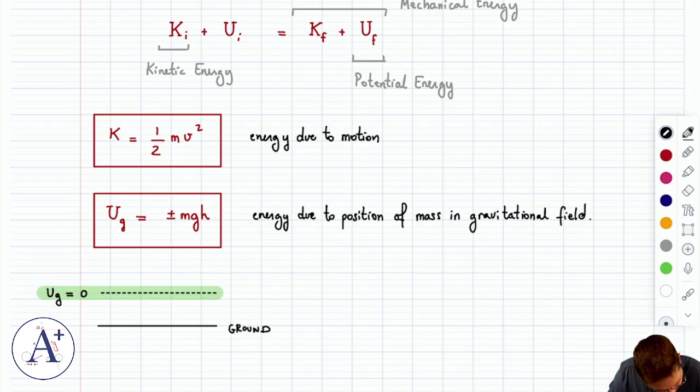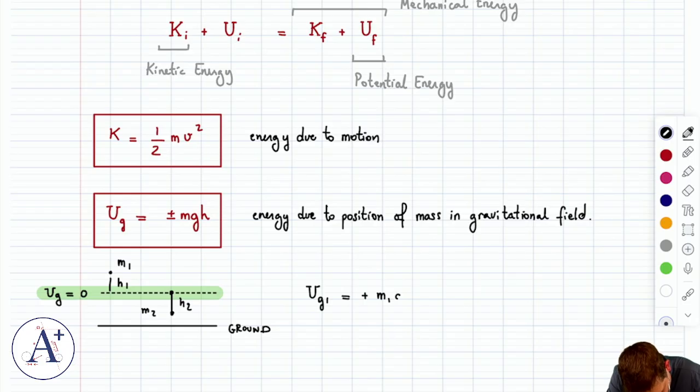So if you measure with respect to this height here, a mass m1 up here, a height h1 above your reference, is going to have a different amount of gravitational potential energy than a mass m2 that's a height h2 below your reference, because in fact, U gravitational for mass 1 is going to be plus m1gh1 because m1 is above your reference. That's why I like to put my reference on the ground. Everything above has gravitational potential energy that is positive. And then below your reference, for m2, it is going to be minus m2gh2.